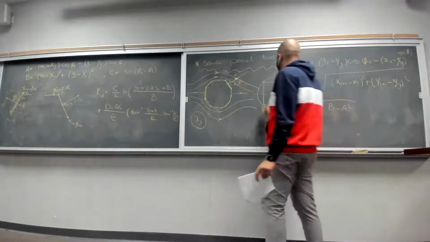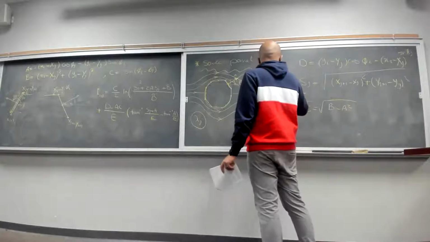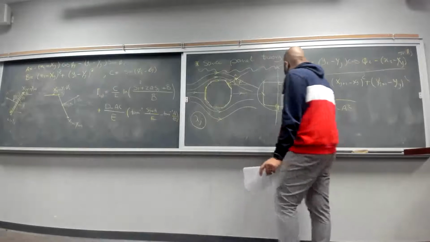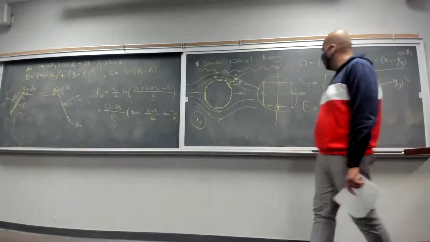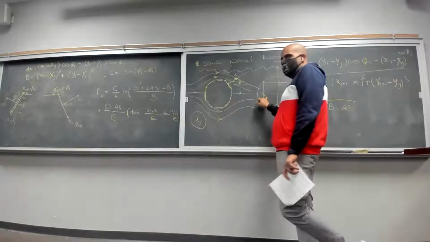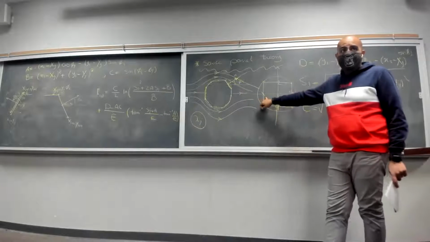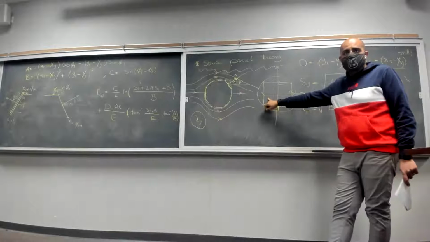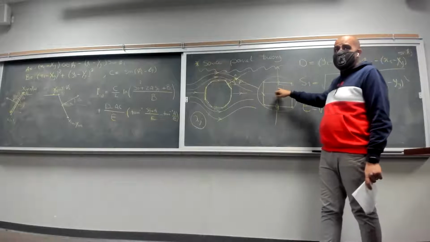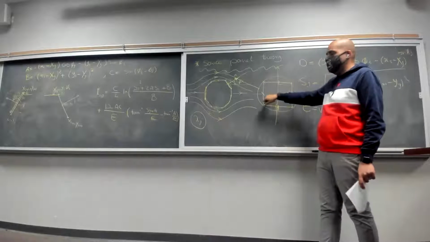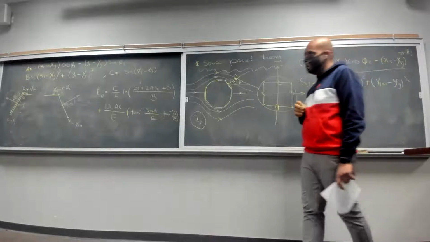Let's say this is panel 1, panel 2, panel 3, panel 4. For the time being, let's say your panel 1 is your ith panel, and your panel 2 is your jth panel. So we want to find how much velocity this panel 2 induces on 1, right?